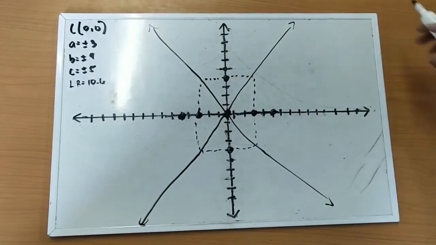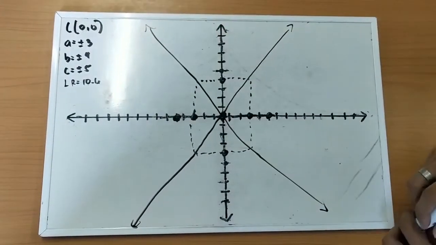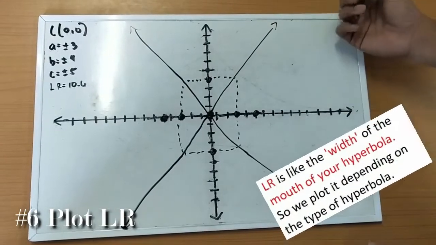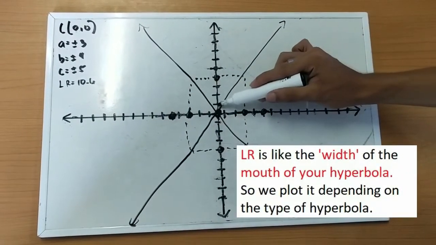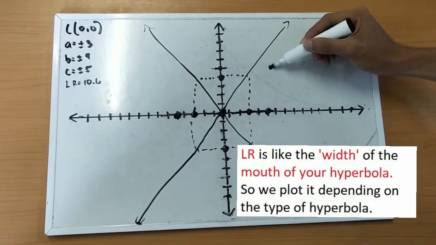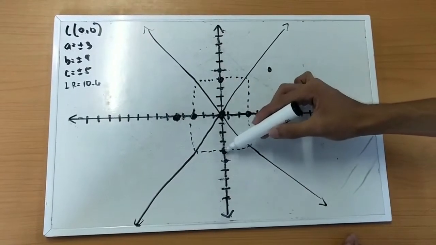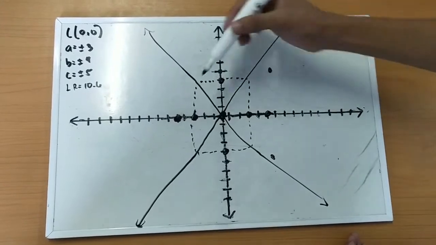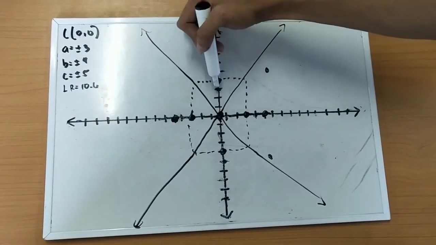Then, we're going to find our lateral recta, which is 10.6, then half it to find the width of our hyperbola, which is 5.3. Going to count 1, 2, 3, 4, 5.3, and then put it here. Also to the other side, 1, 2, 3, 4, 5.3. Also, the other side of our hyperbola, 1, 2, 3, 4, 5.3.